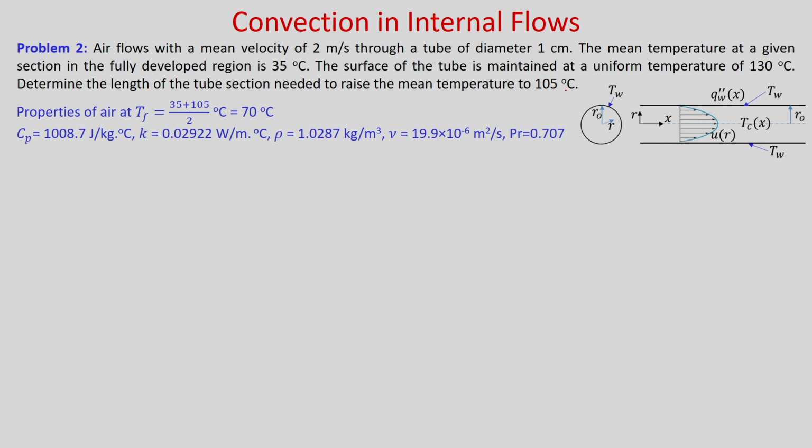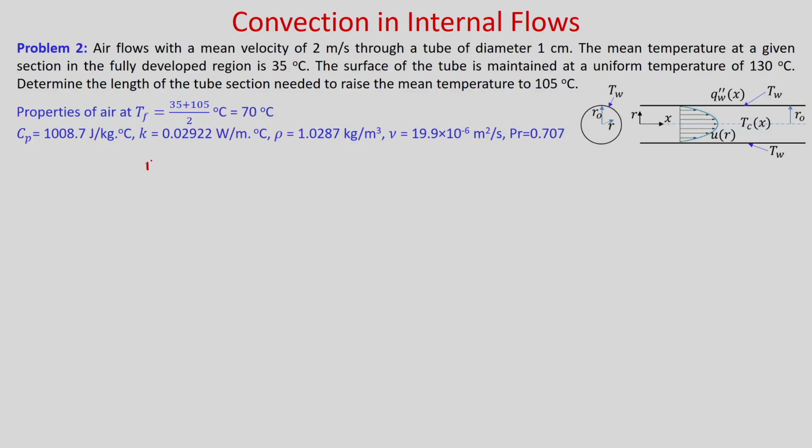Okay. So, first we have to calculate the Reynolds number and we have to check whether it is laminar zone or not. So, if it is a laminar flow and it is a fully developed, already told in the problem, so we can use the Nusselt number for a fully developed condition.